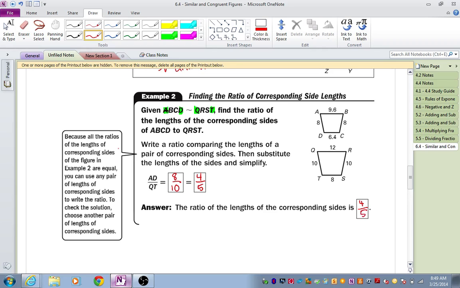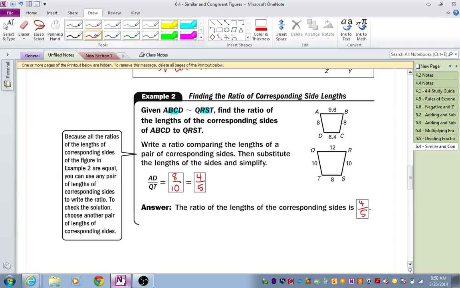Now our note on the side says because all the ratios of the lengths of corresponding sides of the figure in example 2 are equal, you can use any pair of corresponding sides to write the ratio. So instead of AD and QT, we'll do BC and RS, just because those don't involve decimals.